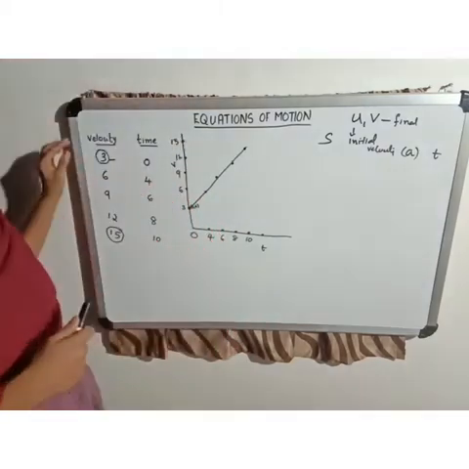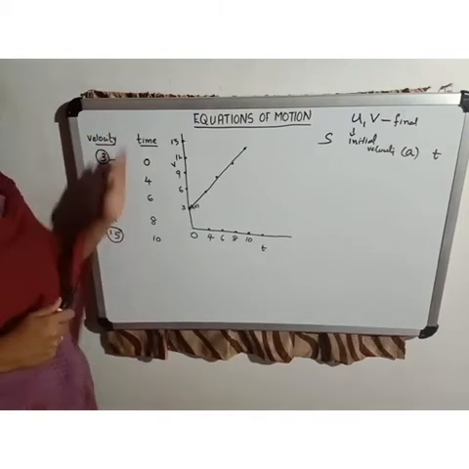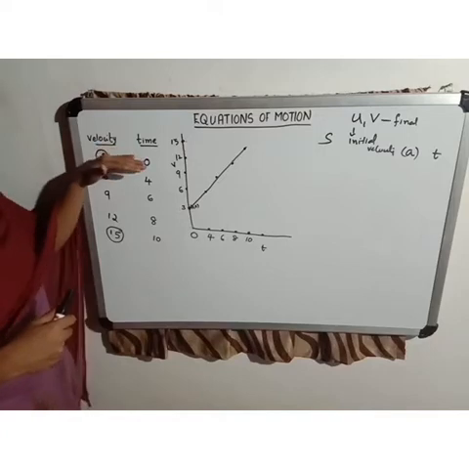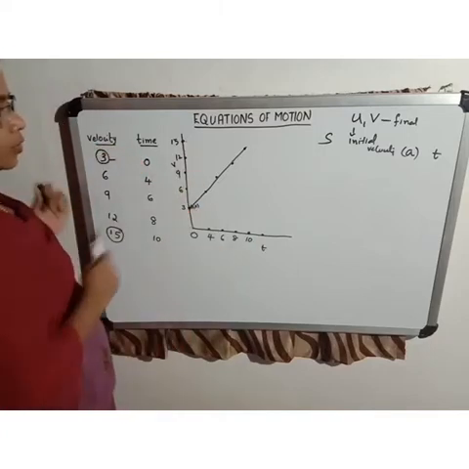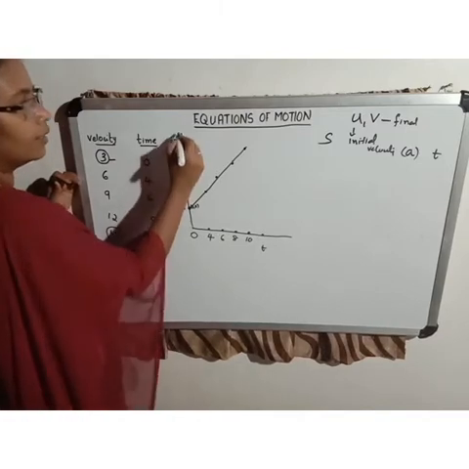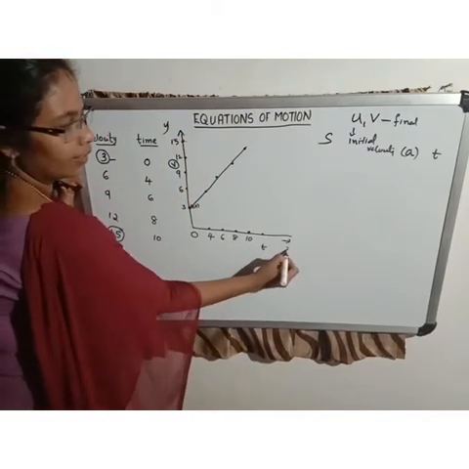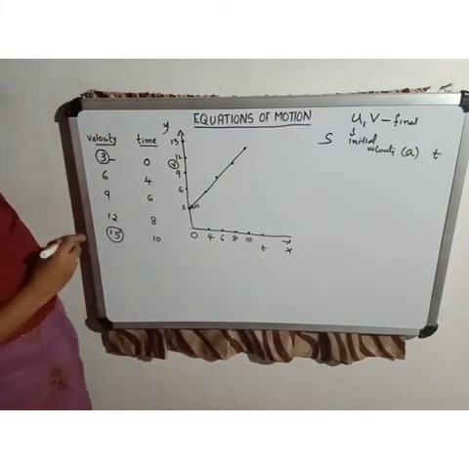For that you can see a velocity time table here, some values of velocity and some values of time here, and the same I am going to plot in this graph. Velocity I am taking in the y-axis and the time I am taking in the x-axis here. And also you have to note down one thing.